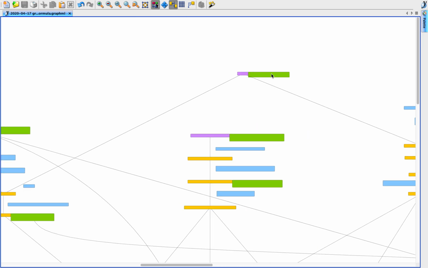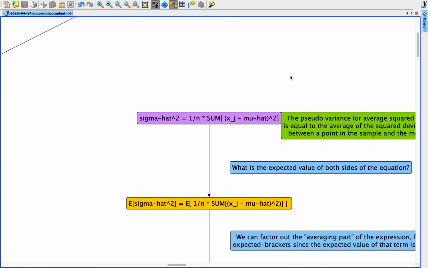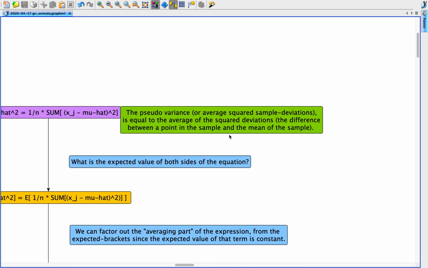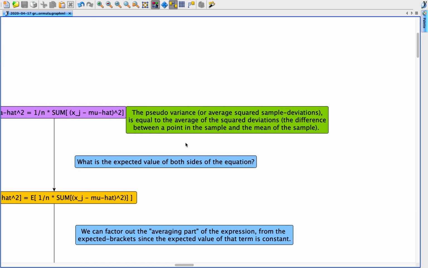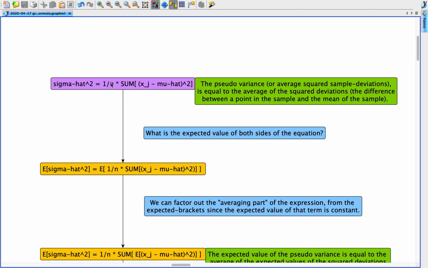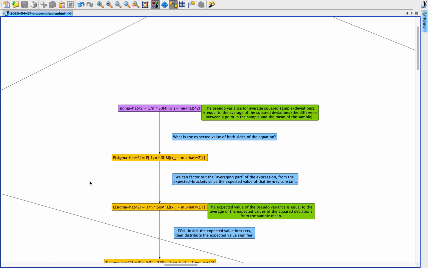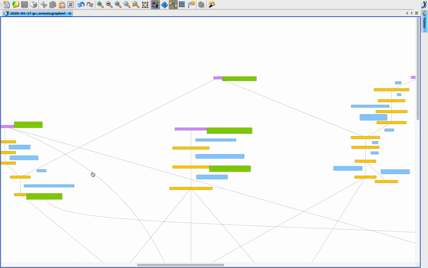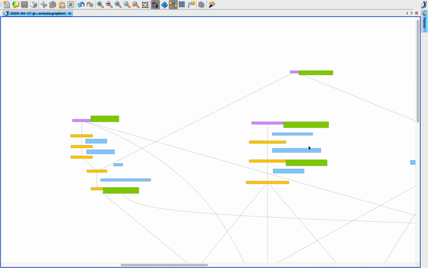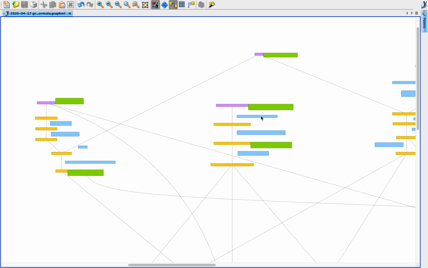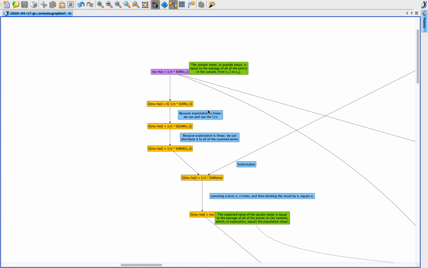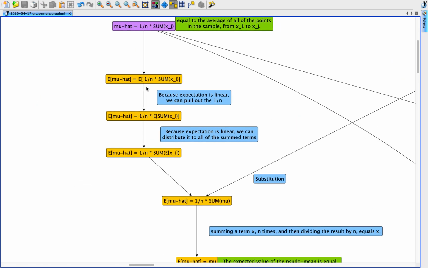Green is the linguistic description, describing in words what the equation it's next to means. Yellow is most of the doing out the math, just by substitution or factoring or whatever. And blue is describing what any given edge or arrow is.